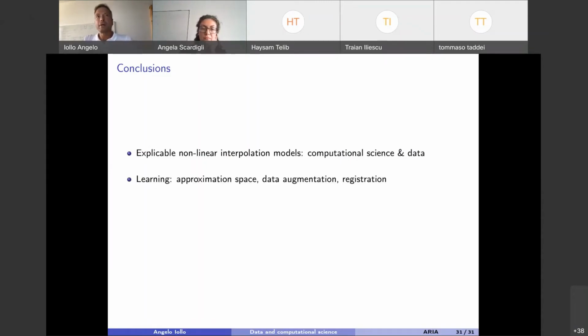Now, we show examples of learning both the approximation space on the one hand, and on the other hand, we show a path to have data augmentation or to have registration with an appropriate mapping.